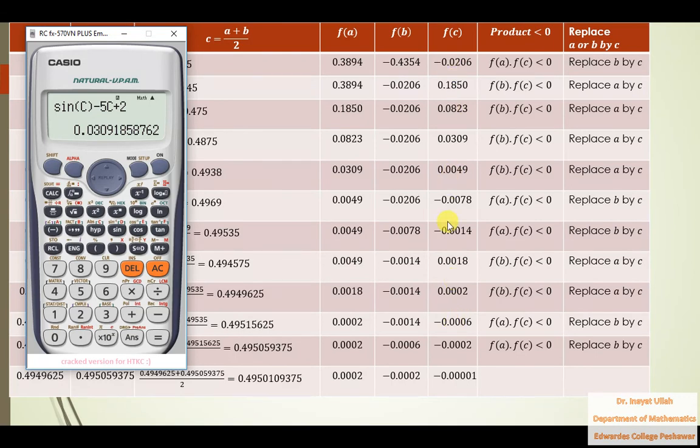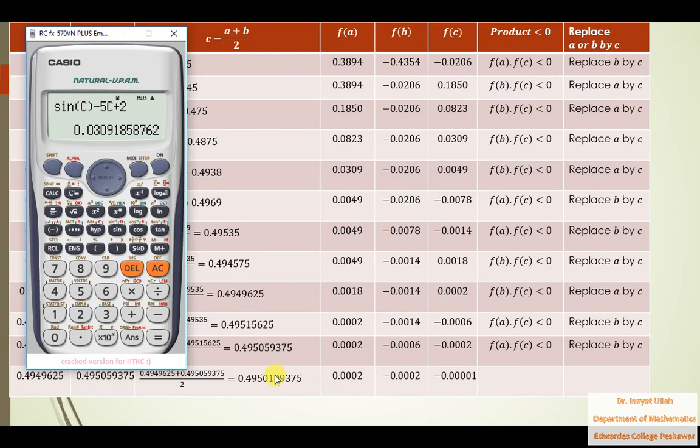If you see this table, the values become nearer to 0 when we do more iterations. So at the last stage, you see the value of f of c up to 4 decimal places is 0.